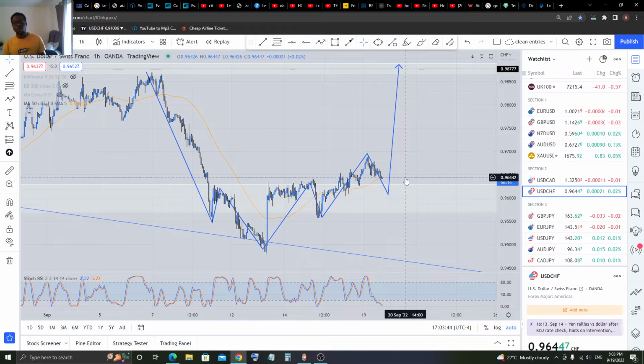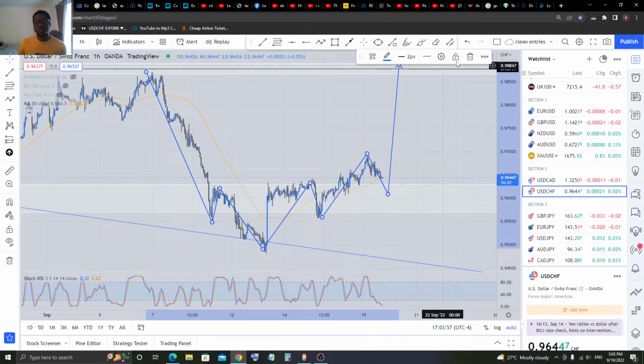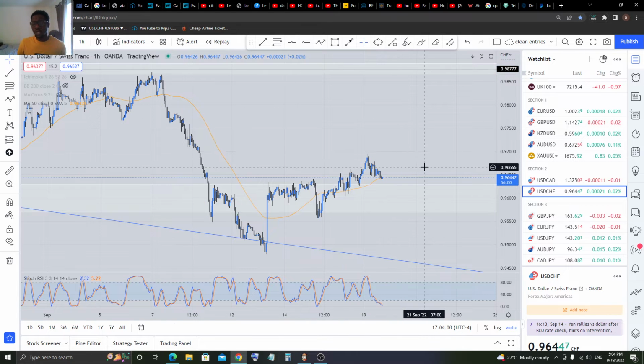These are the confluences that I'm trying to get, so that when I press the buy button, I won't be scared at all, because I know that I'm like 90% right. In trading, you cannot say that you're 100% right. You can be 80% right or 90% right, but have decent risk management. As long as you have decent risk management, you're good.